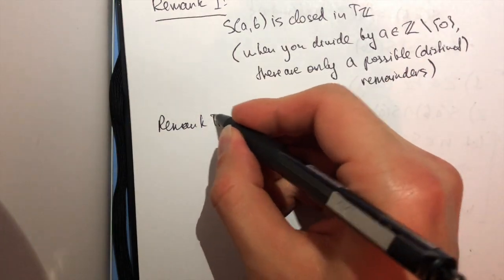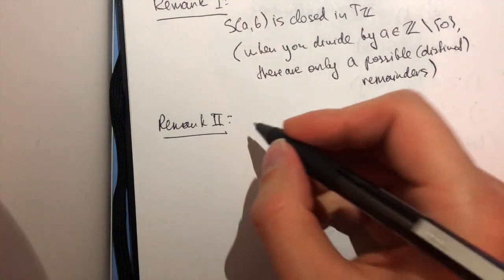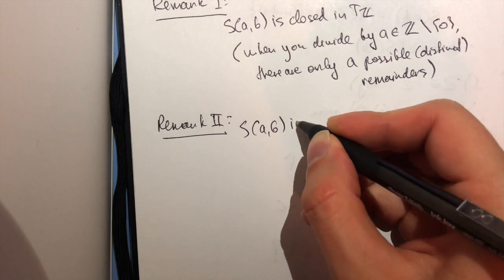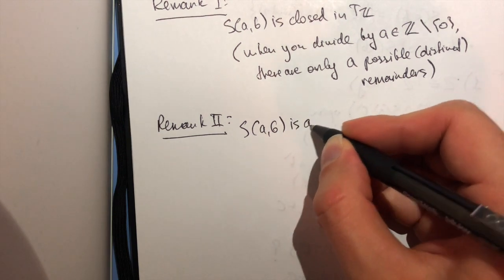The second important remark that I want to make is to say that S of AB is an infinite set.